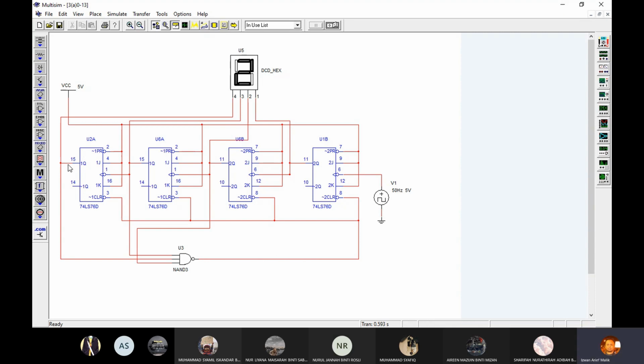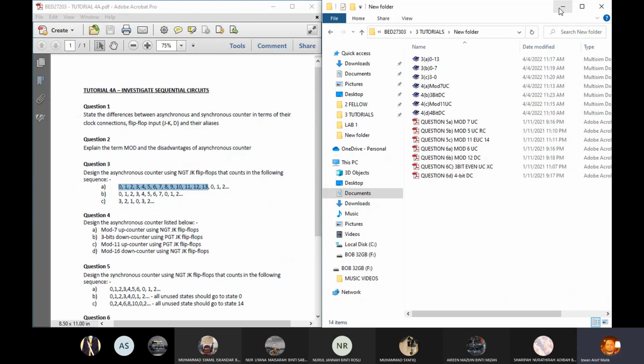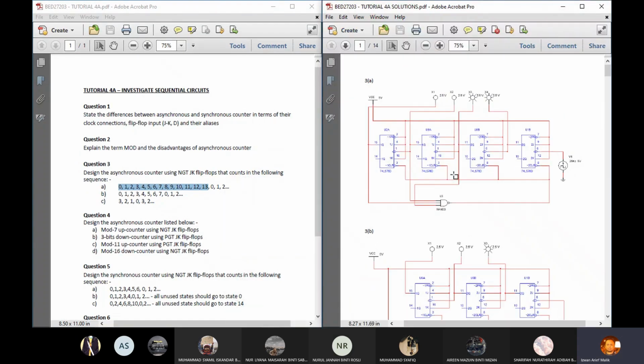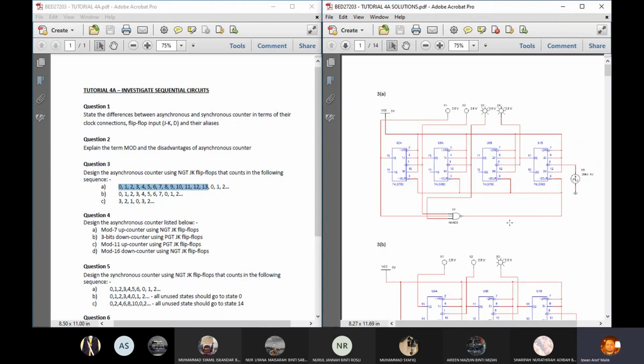This is D, this is C, and then this is B. Alright, so this is the correct circuit. Then this is the answer. This is how you design a mode 14 up counter, which will count from 0 until 13.